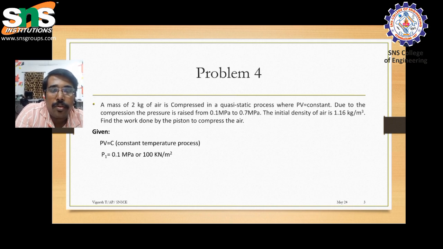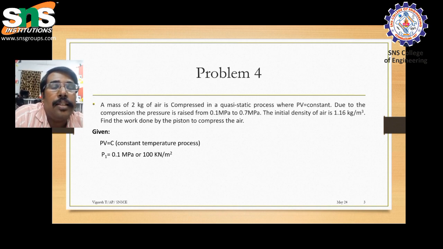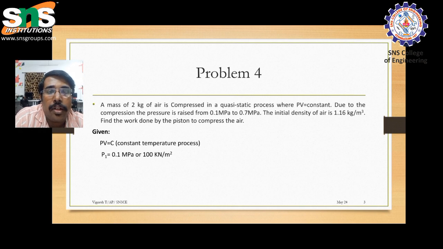PV is equal to C means it is a constant temperature process. So during this compression process, the temperature remains the same, only the pressure has been changed. Here the pressure is given in megapascal. You have to convert it to kilonewton per meter square.